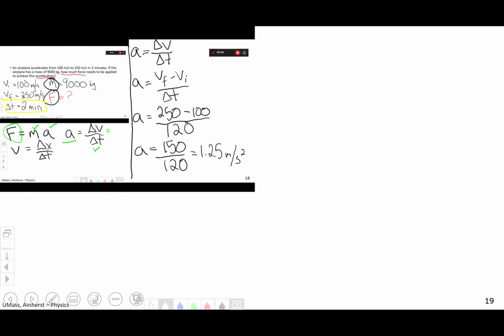Hooray for us. Now we're going to go ahead and try to finish the problem. This is a case in which it is very important for you to identify what the problem is actually asking you to find, because you might get to this step, say, oh yay, acceleration, that's 1.25 meters per second squared, I'm done, when that's not really what the problem is asking you to find. The problem is asking us to find force, right? Force is our unknown. So we're going to go ahead and use F equals ma.